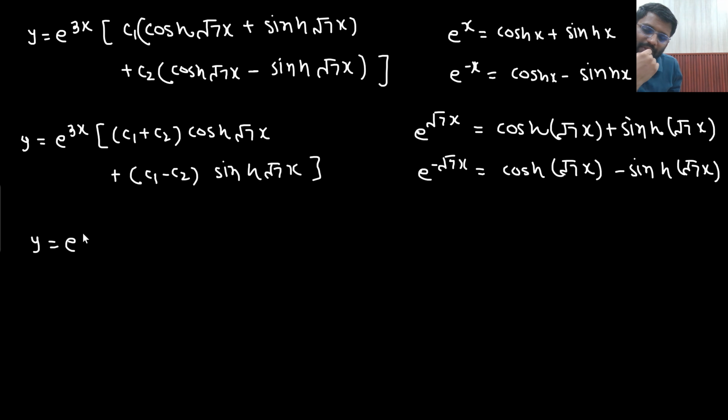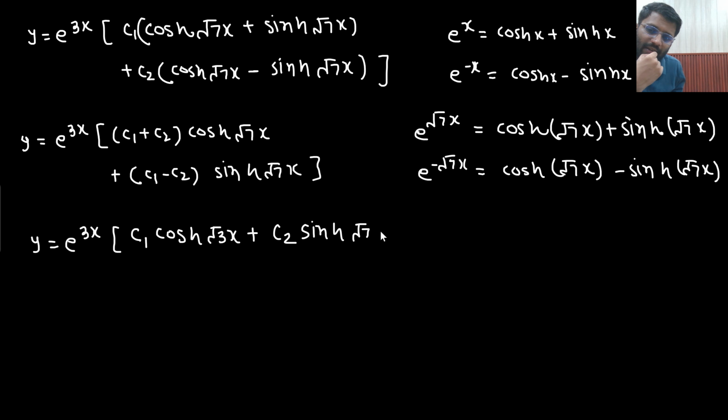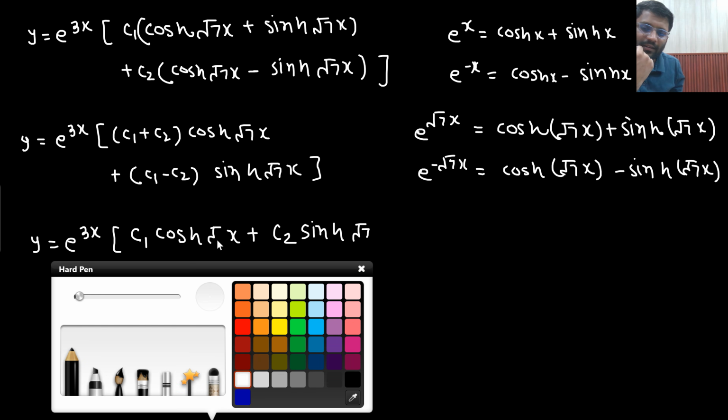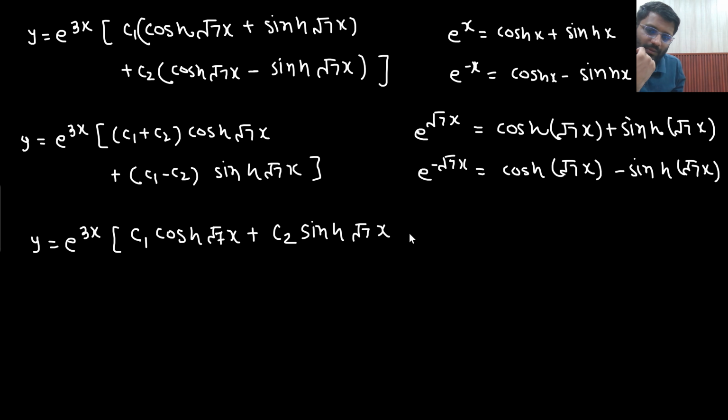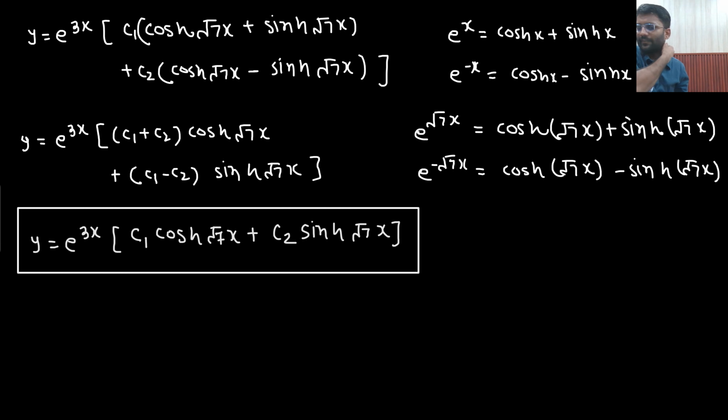So y equals e to the power 3x, c1 plus c2 could be written as capital C1 cos hyperbolic under root 7x, and c1 minus c2 could be written as capital C2 sin hyperbolic under root 7x. There you go. This is the answer that you are getting.